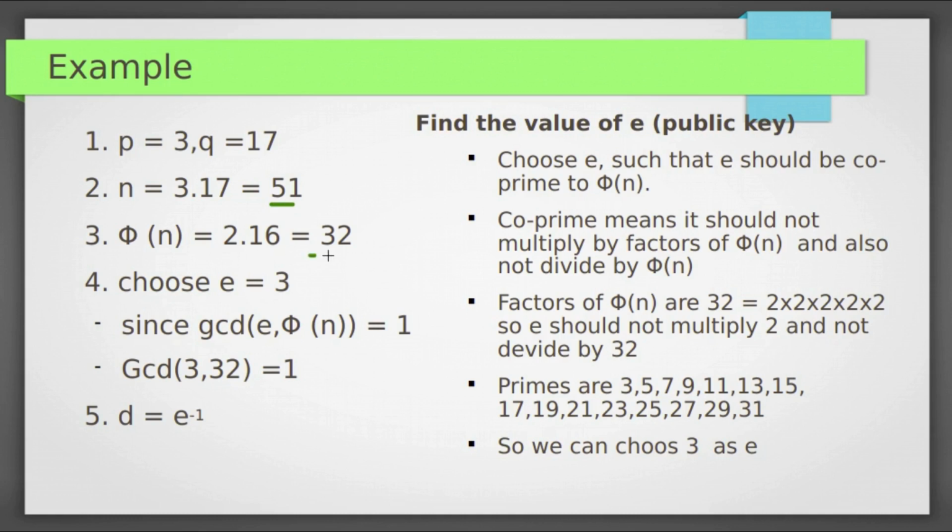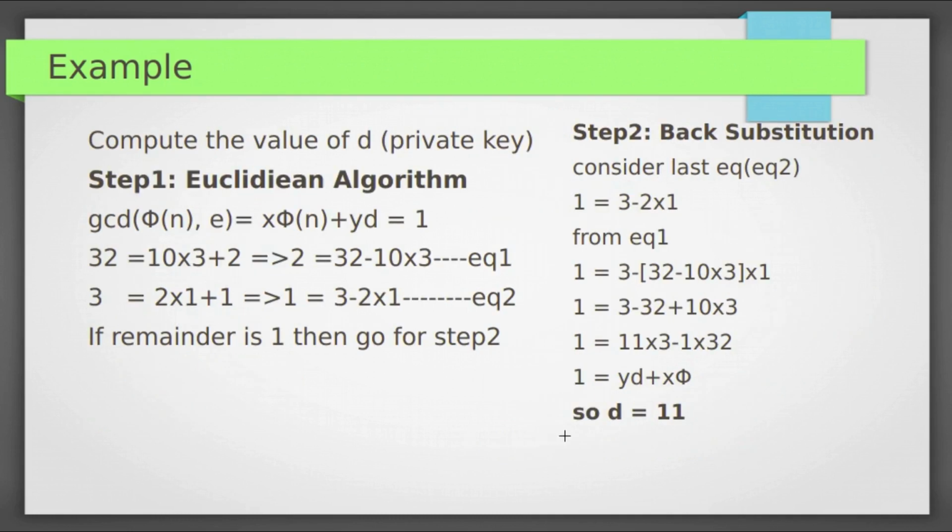Pi of N will be 32. Alice can choose 3 as her public key component. Since GCD of 3 and 32 is 1, Alice will calculate the private key using the extended Euclidean algorithm. Then D will be 11.